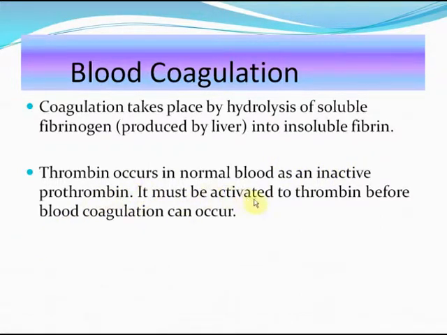So it must be activated to thrombin so that thrombin can hydrolyze soluble fibrinogen into insoluble fibrin. Thrombin must be activated from its inactive form so that it can initiate blood coagulation.